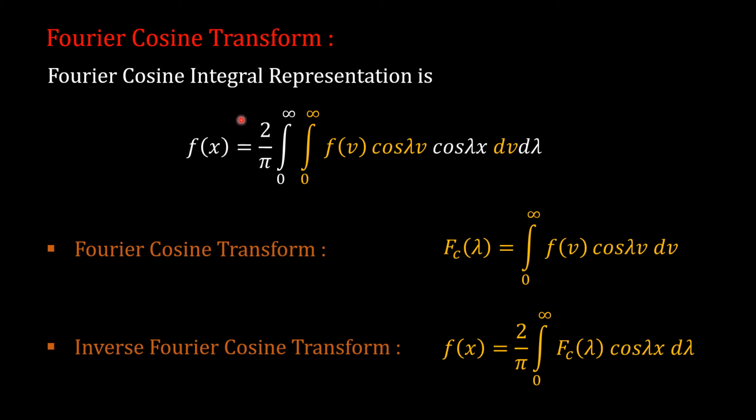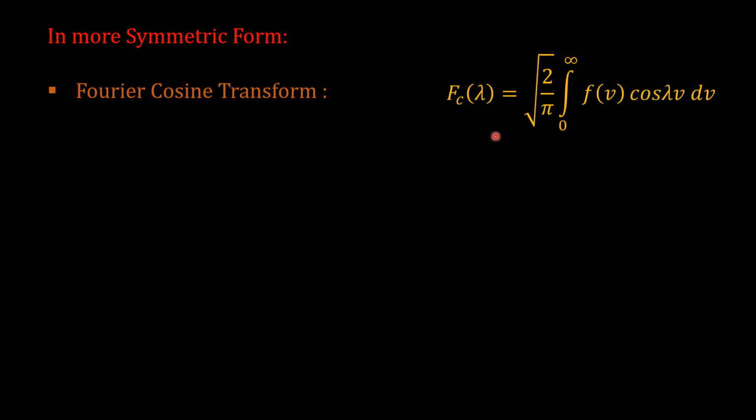Now here this coefficient 2 upon pi, we have considered it with f of x only. But if we split into two equal parts, and if we consider that two equal parts, one equal part each with Fc lambda and f of x, then we will be getting these Fourier cosine transform formulae in more symmetric form, and they are: Fourier cosine transform in more symmetric form is given as Fc lambda is equal to square root of 2 upon pi into integration 0 to infinity f of v cos of lambda v dv.